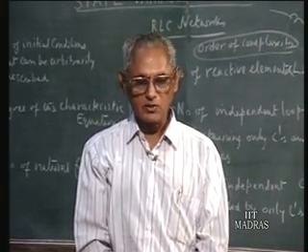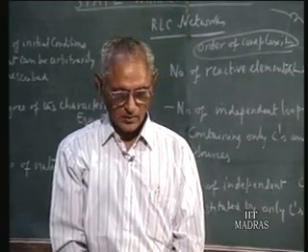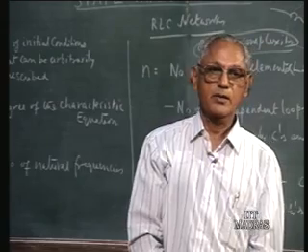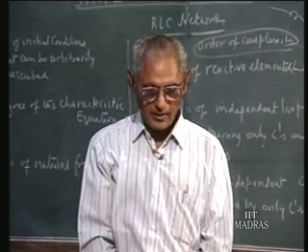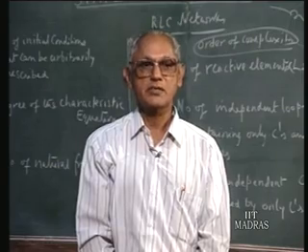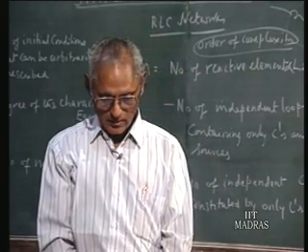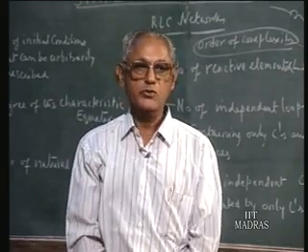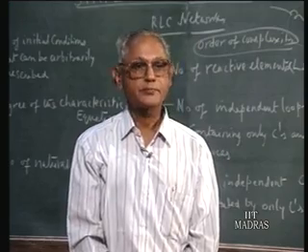So x dot equals Ax plus Bu, where u is the input vector, and once you solve the state equation for x, you can get the output vector y as Cx plus Du, where C and D are matrices of appropriate dimensions. The basic problem will be the solution of the state equation. Once you have got that, the output can be obtained quite in a straightforward manner.